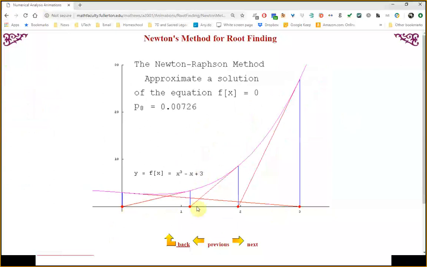Or in a case like this, this is a third order polynomial, so there a root does exist.